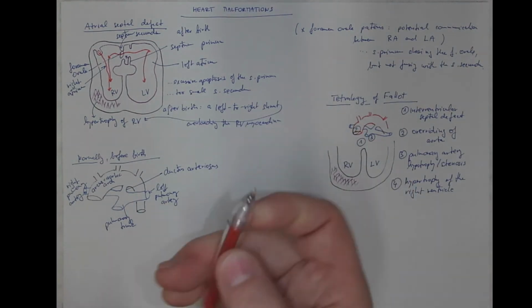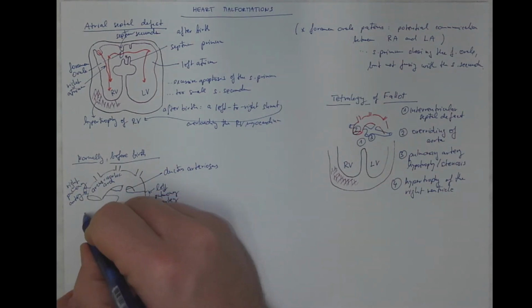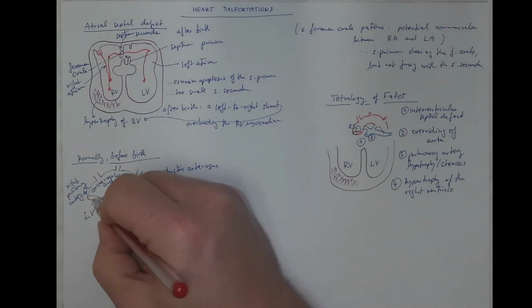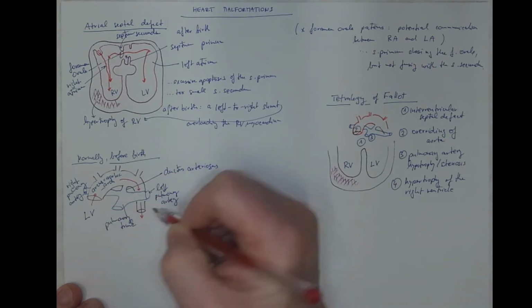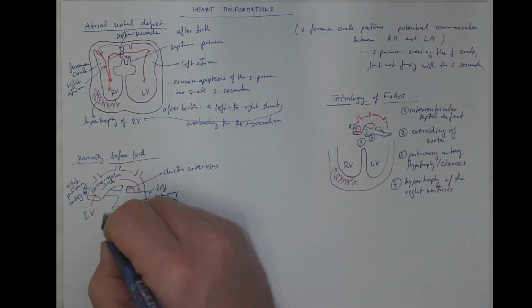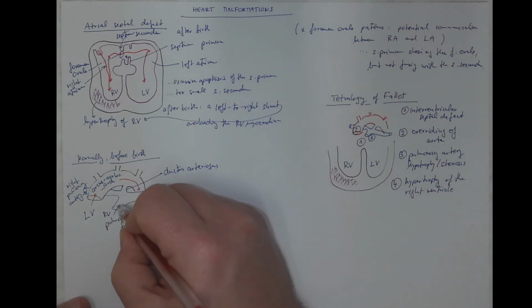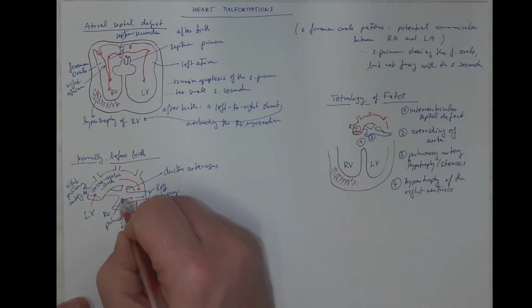Now normally before birth, the blood from the left ventricle flows into the aorta through the aortic arch to the body and all the branches. But the blood from the right ventricle flows into the pulmonary trunk, but can all the blood go to the lungs?